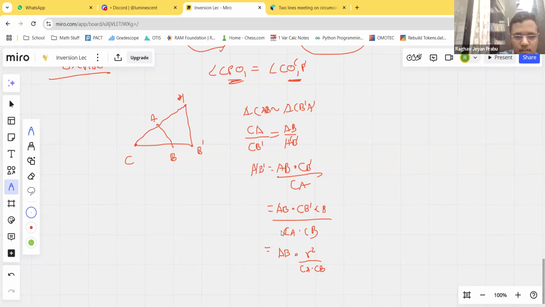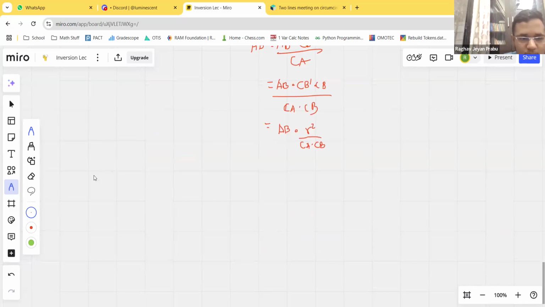Cool. So let's do a problem. Someone in the beginning told me about Ptolemy, that's what I was going to discuss also. So we'll prove Ptolemy's inequality.